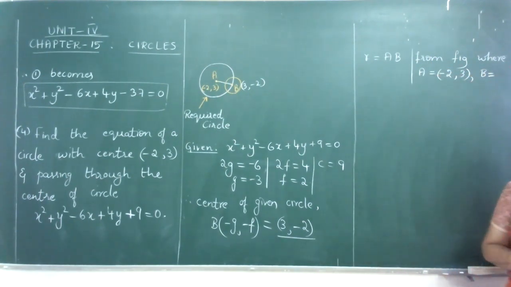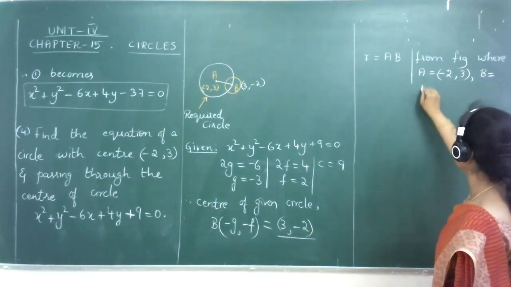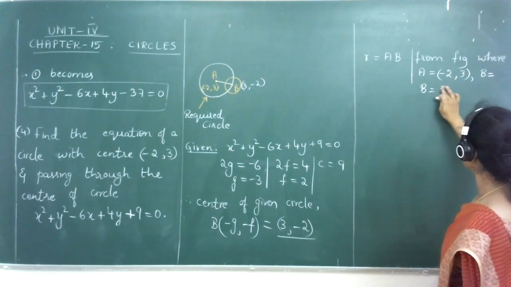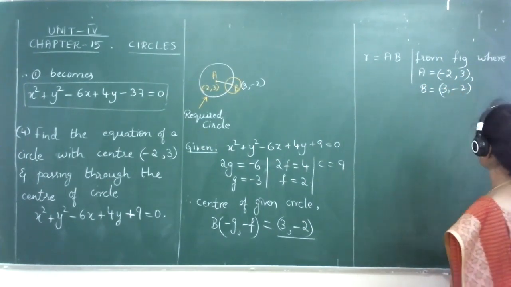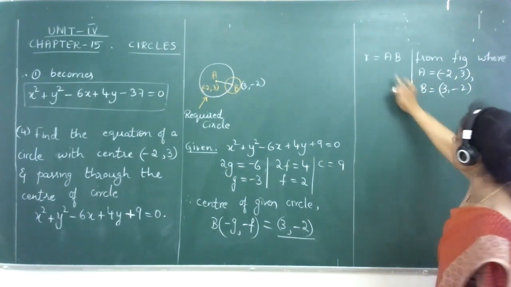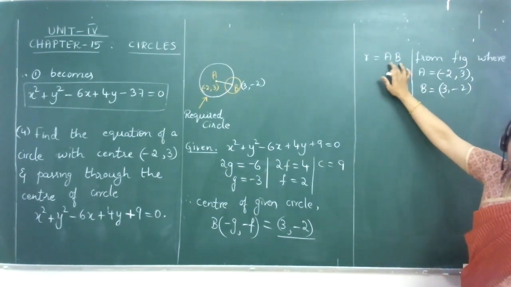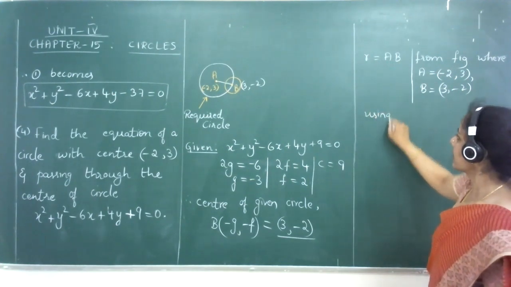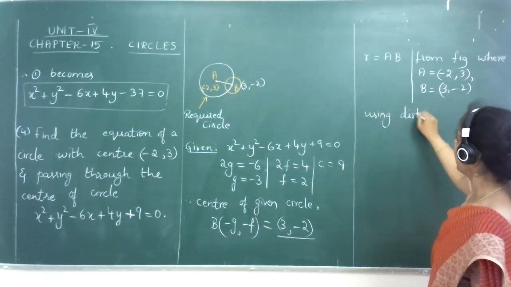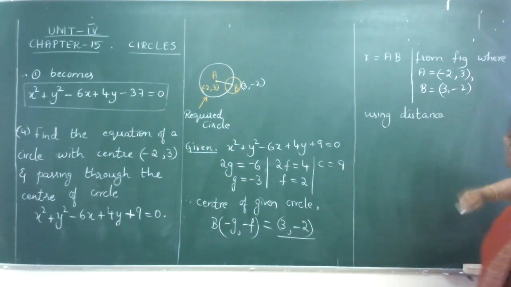And B is the center of the given circle that we have obtained as 3 comma minus 2. Now to find this AB, we shall be using the distance formula. To find AB here, that is the radius, we use the distance formula, and that should give us the measure of the radius.